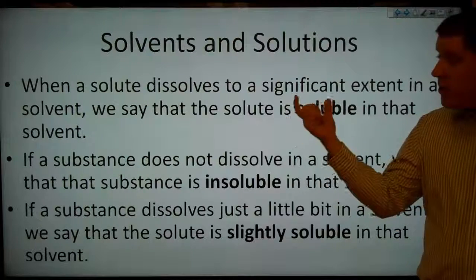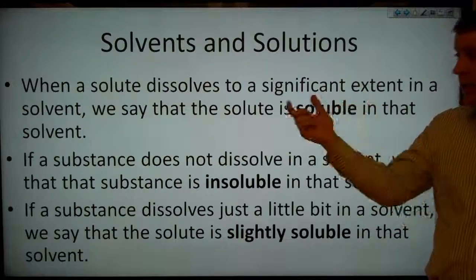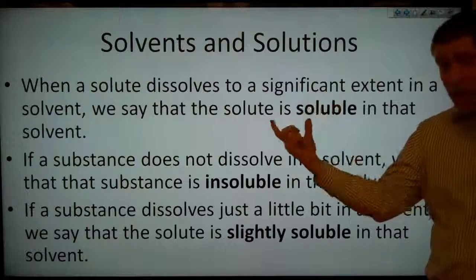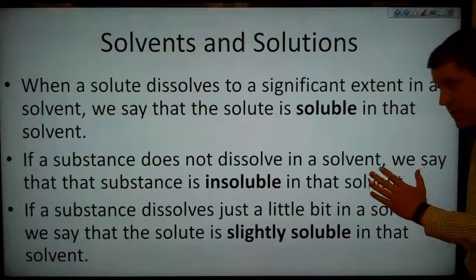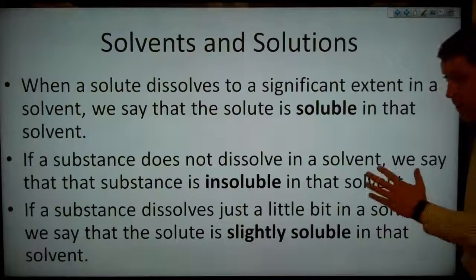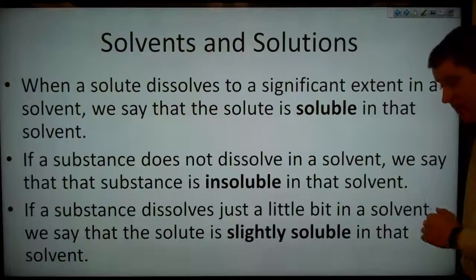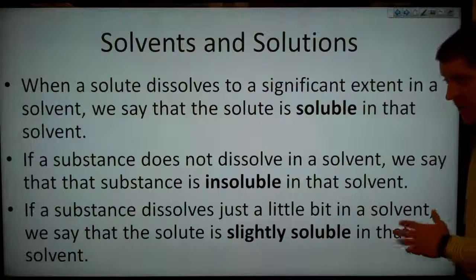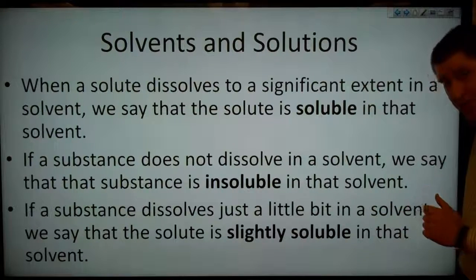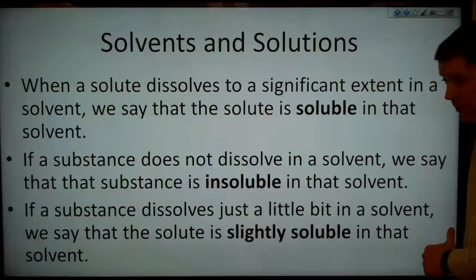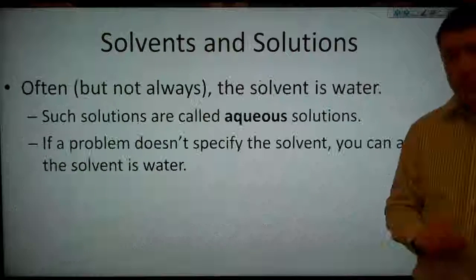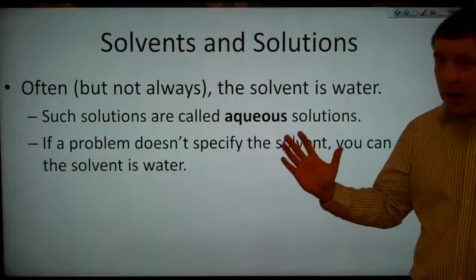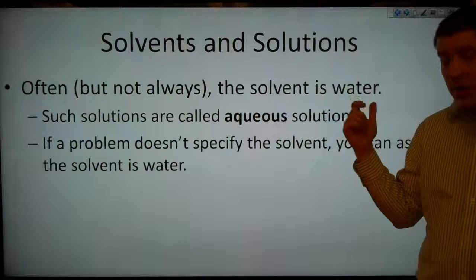When a solute dissolves to a significant extent in a solvent, then we say that that solute is soluble in that solvent. If a substance does not dissolve in a solvent, then we say that that substance is insoluble in that solvent. If a substance dissolves just a little bit into a solvent, then we say that that solute is slightly soluble in that solvent. Now in chemistry, often, but not always, the solvent is water.